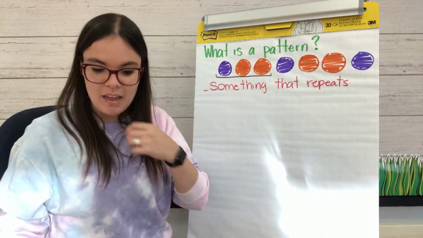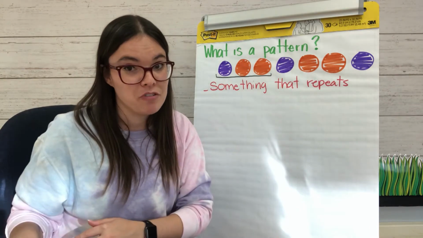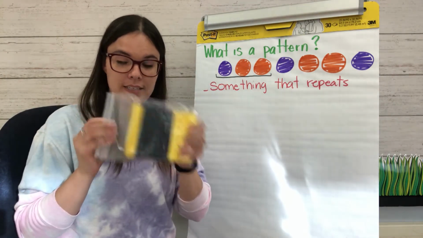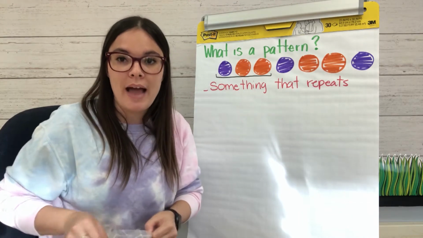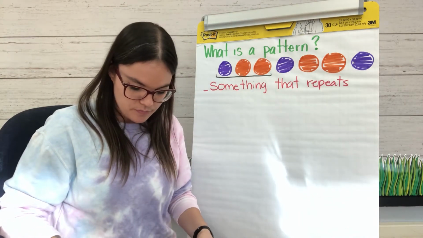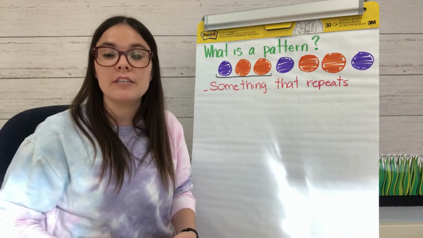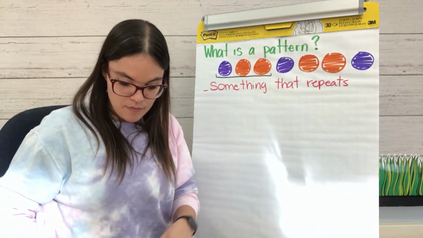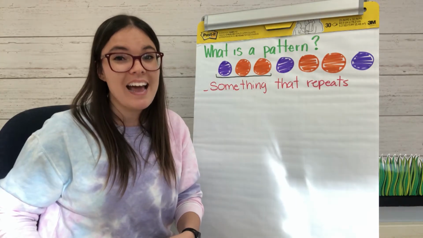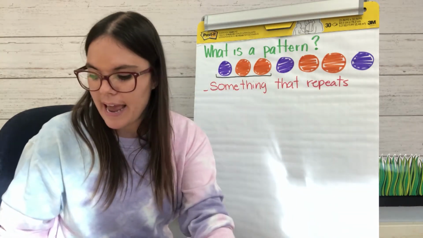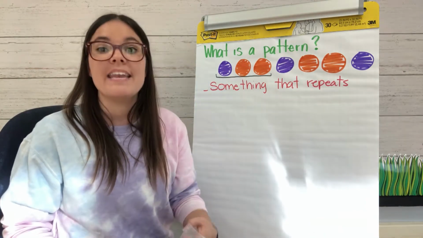So before we read another page from this awesome book, I actually want to show you with blocks here how we can see the pattern of day and night. So we know that in one day there are 24 hours. The book also taught us that half of that day is going to be daytime and half of that day is going to be nighttime.